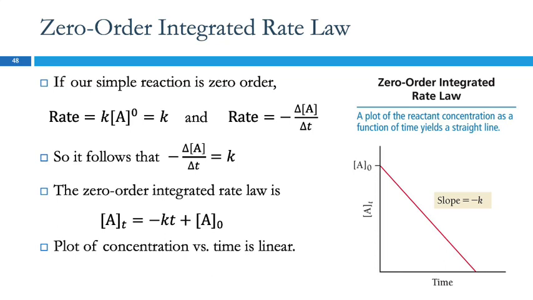So here, a plot of concentration versus time is linear. And these are the kinds of plots we were looking at before, concentration versus time. The slope of the line is related to the rate. And so here it's constant. So the slope is equal to negative K.